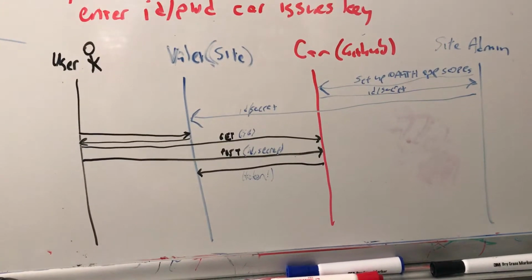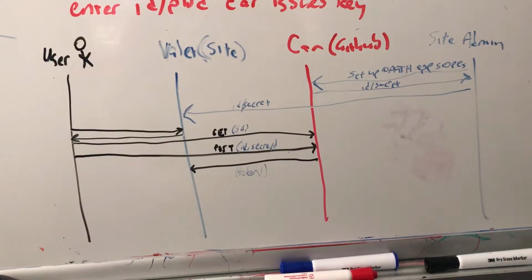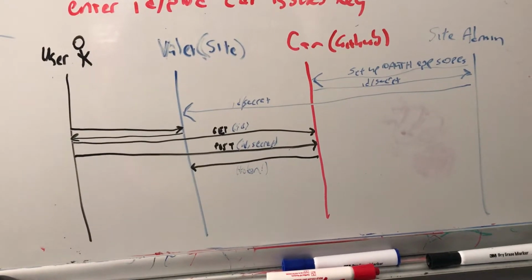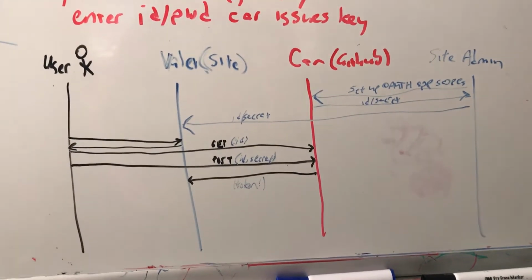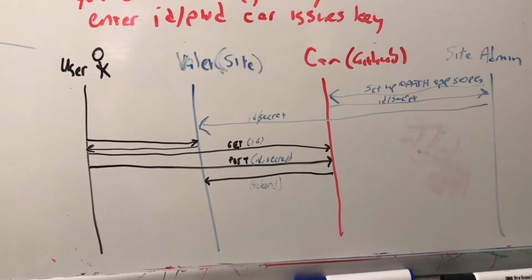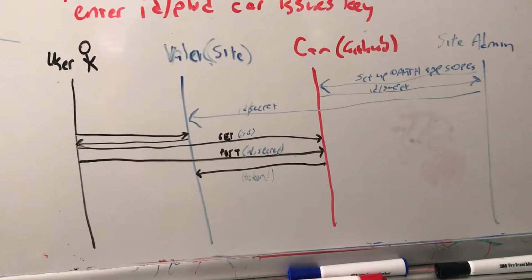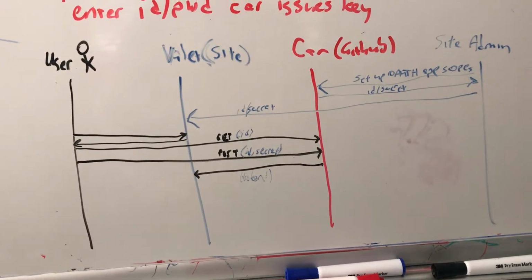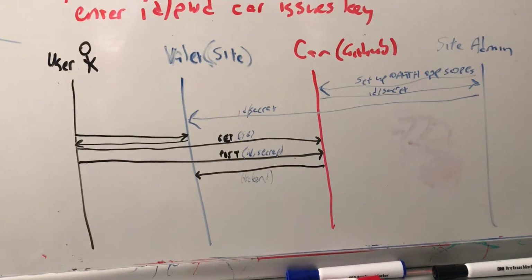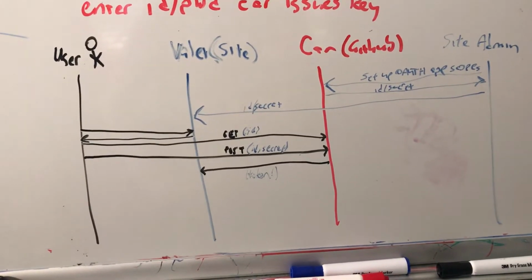So then the site admin is able to give every valet at that site, in other words the deployed web servers, the ID and secret that will be used when users come to get tokens for those users, or valet keys for those users' cars.